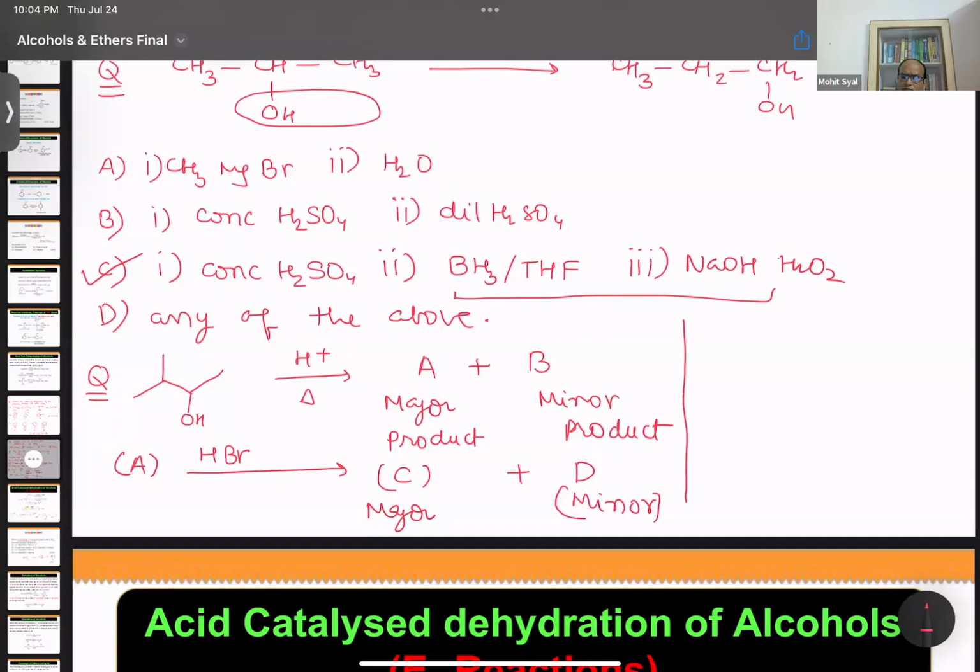So what is the structure for A and C? Got it?